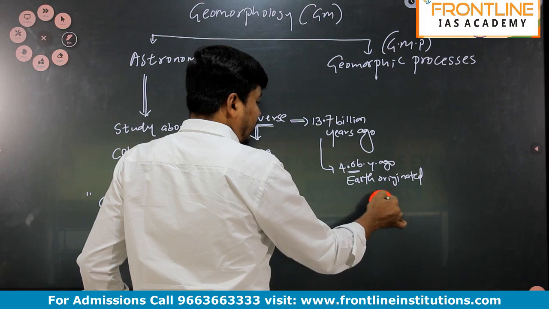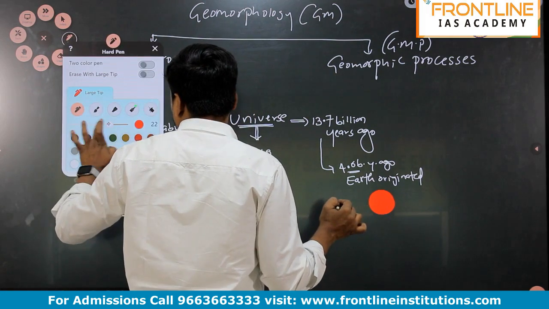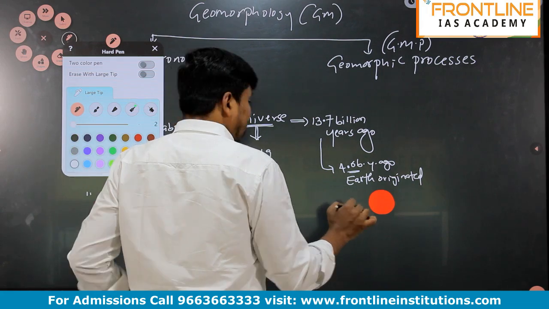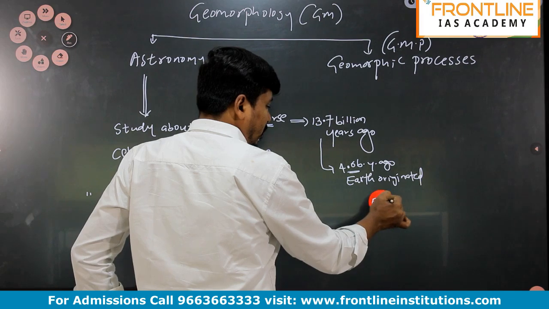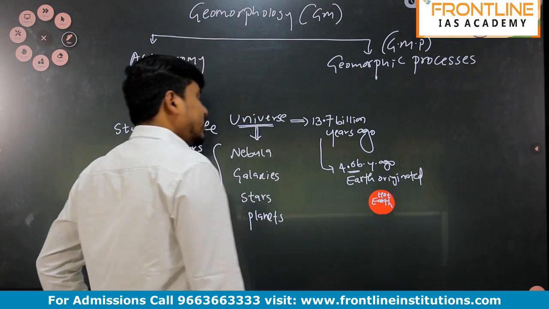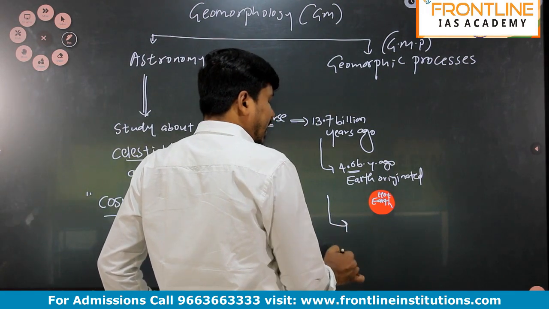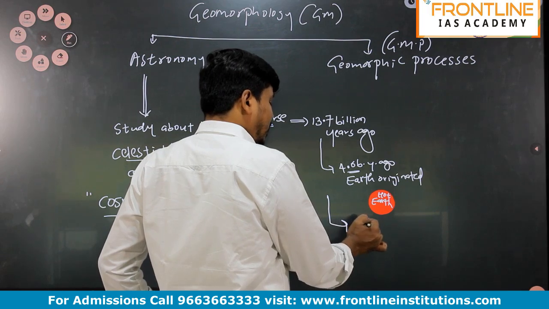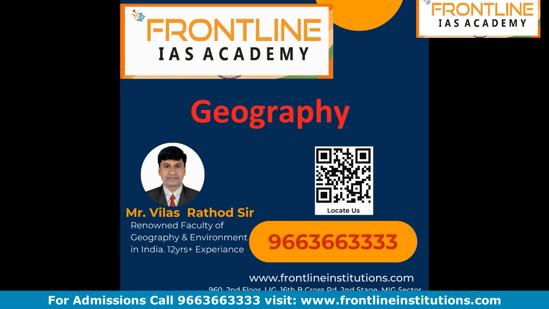There was no life in the beginning because Earth was very, very hot. The first life originated around 3.5 billion years ago in the form of cyanobacteria.